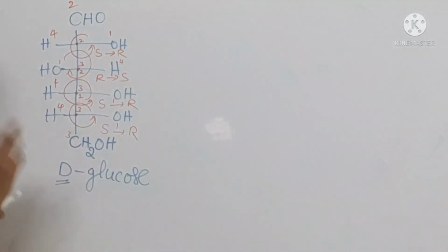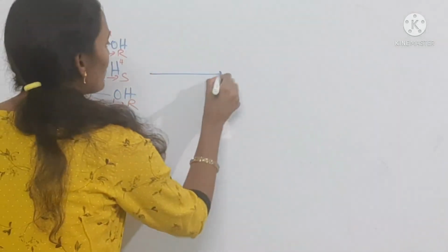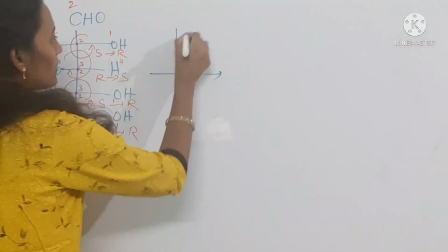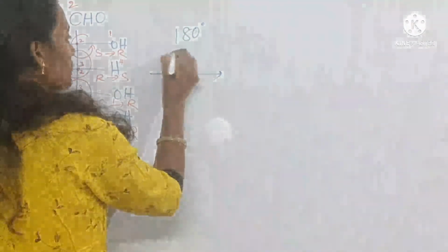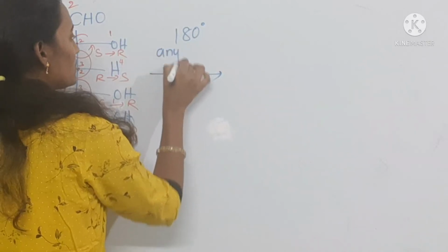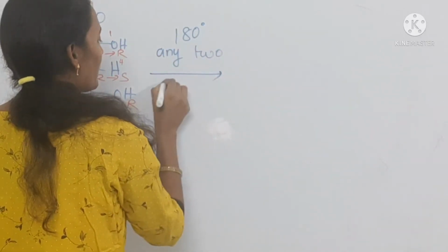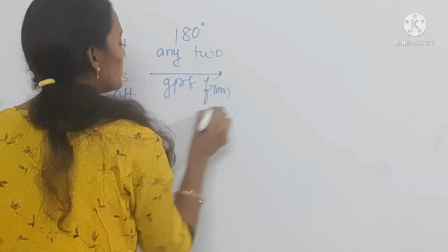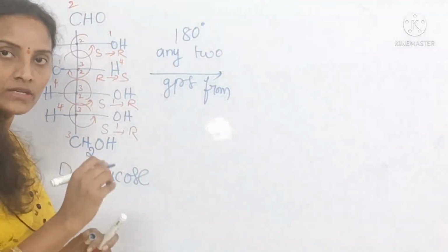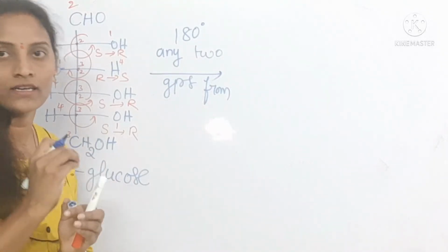Coming to the concept, you can exchange or rotate any 2 groups from any one of the carbons, nothing but any chiral carbon.